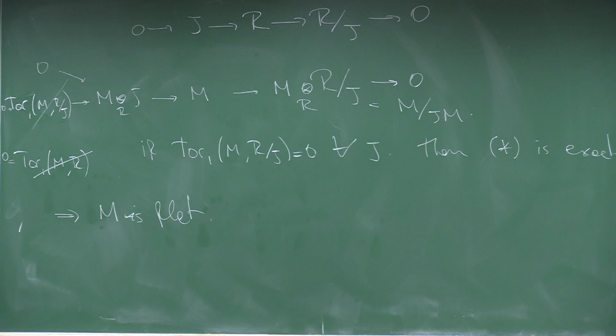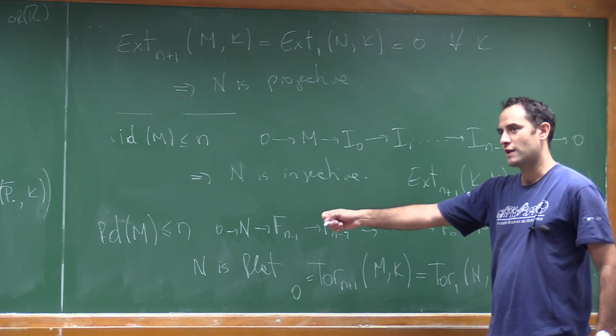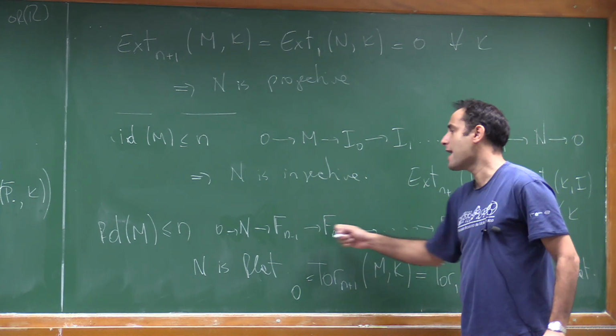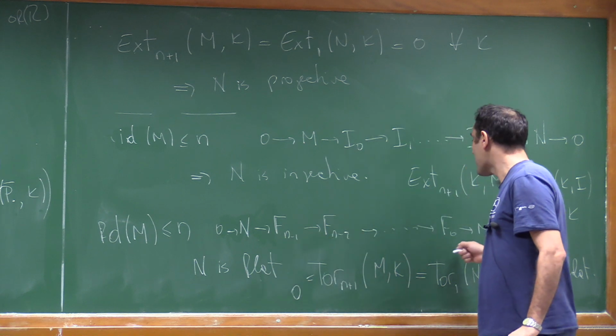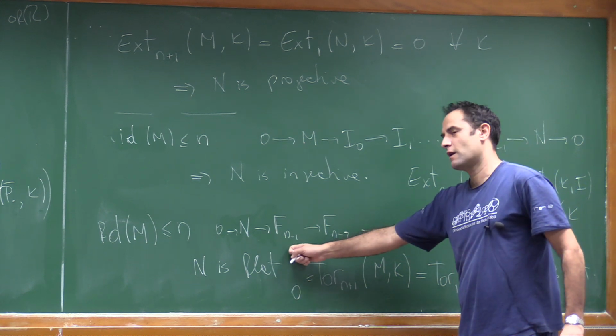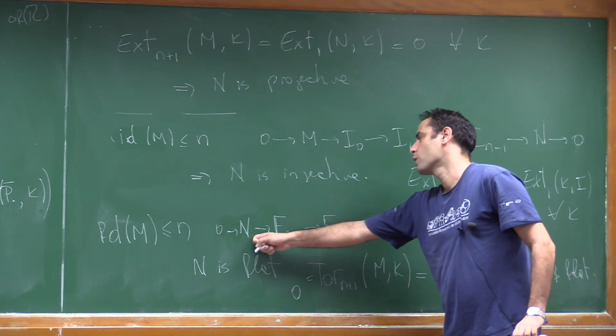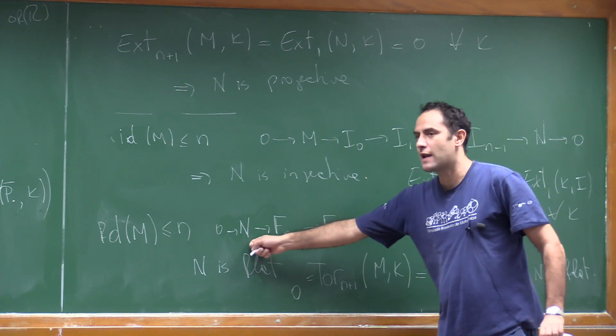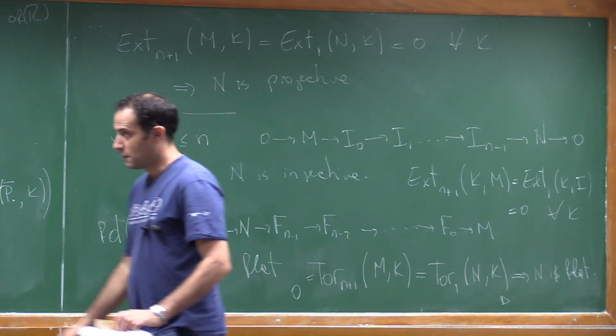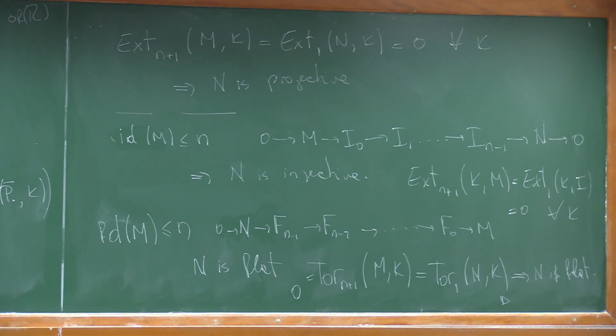So this finishes the proof that if you have a resolution of something of flat dimension less or equal than n by n elements, the first n minus 1 guys are flat, and then the last one is also flat. It's taking longer than I wanted.